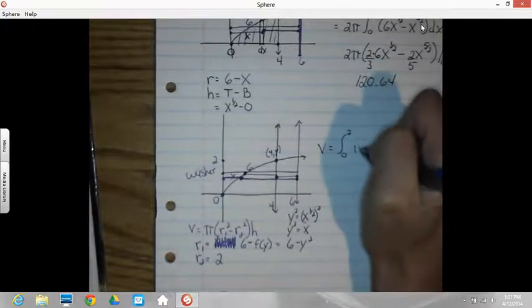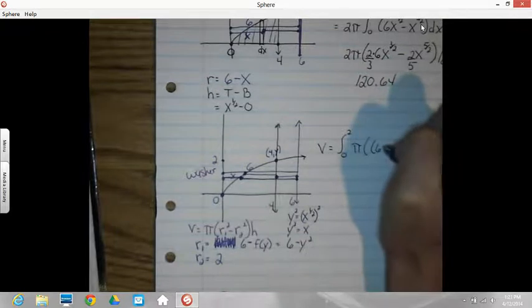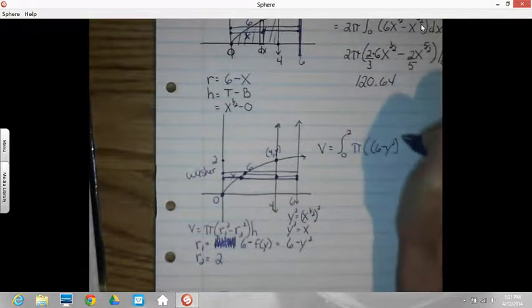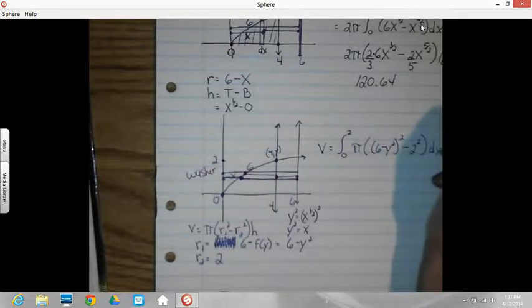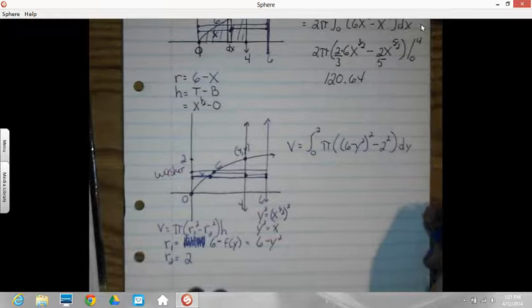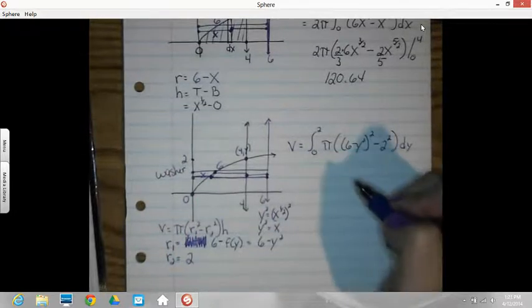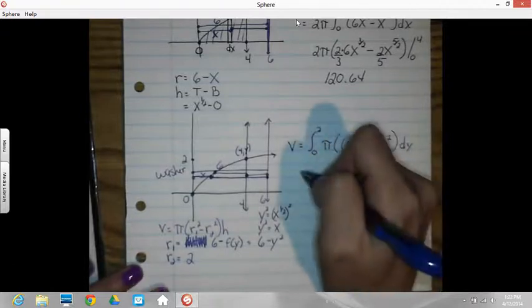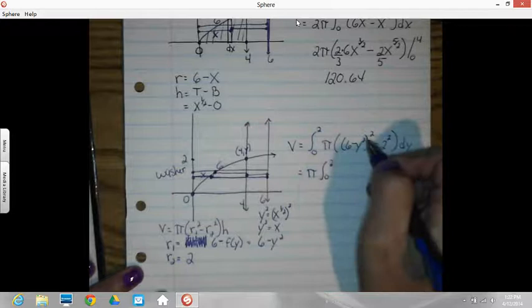Pi, R1 is 6 minus y squared, squared, minus the 2 squared, dy. See, I didn't write my dy right off the bat, and I messed that all up over there. Okay. Pulling the pi out, I'm going to FOIL this.